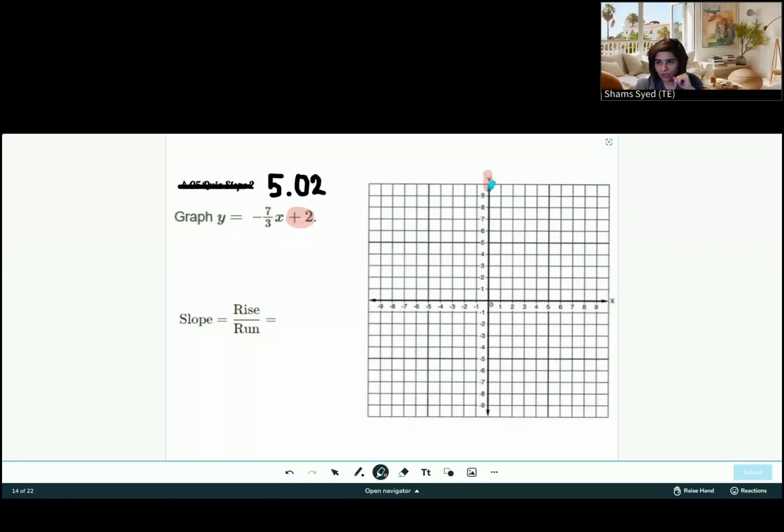That means on the y, I start at a 2. Rajane, slow down. People, mathematicians call the y-intercept a starting point. Do not start anywhere else. Start at the starting point. Starting point is a 2 on the y-axis.